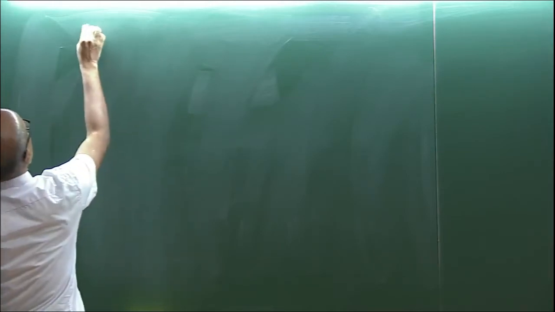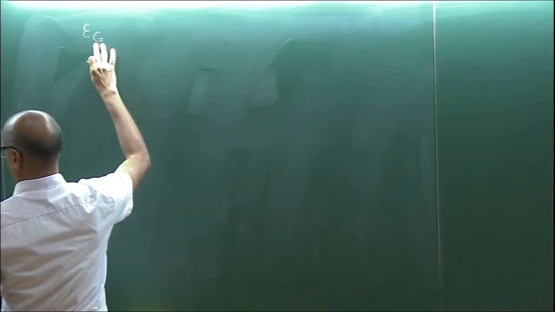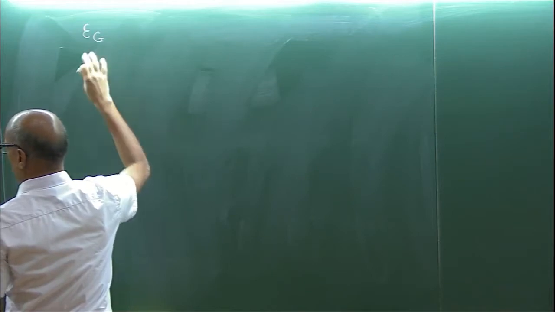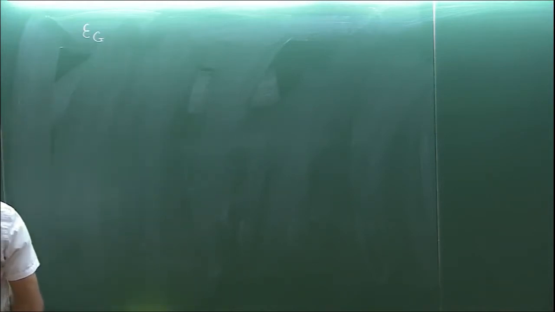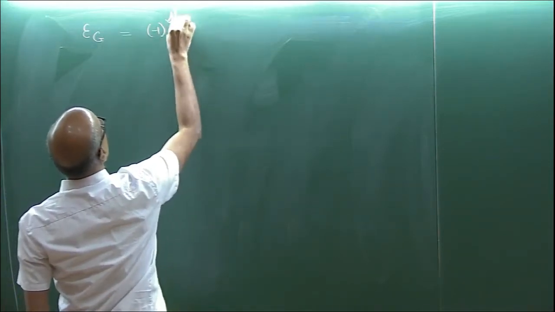There is always a plus or minus one sign, which carries a lot of subtlety, but luckily this one is not one of those difficult things to define, and as I said, this organizes a lot of character formulas. So epsilon of G is defined for any connected reductive group G, and therefore once I define that, it's also defined here. This is equal to -1 to the power split rank of G.